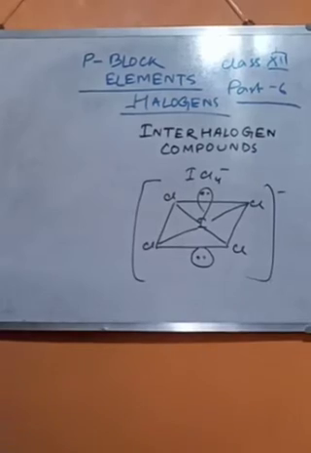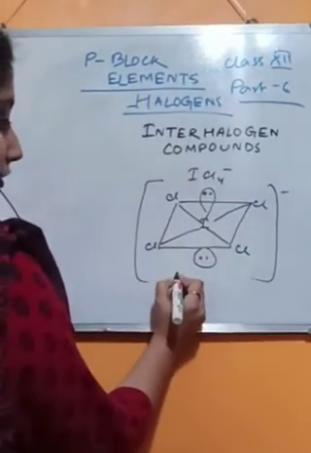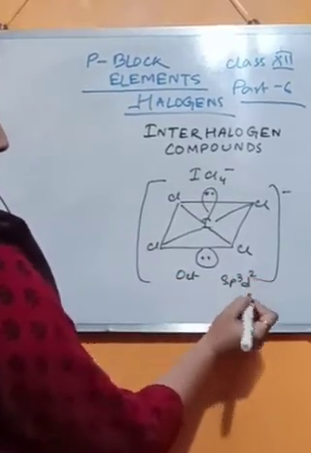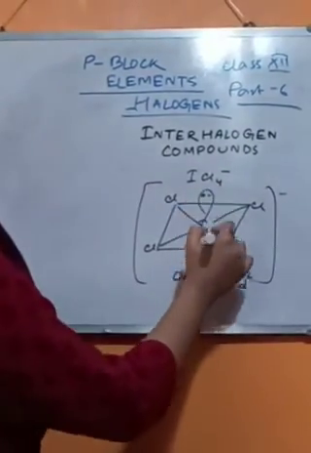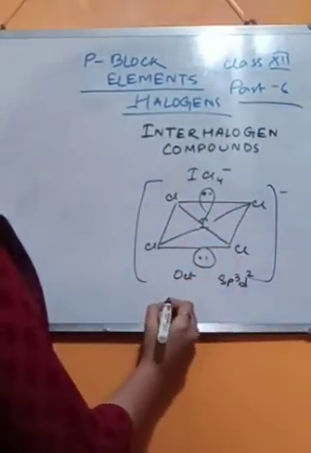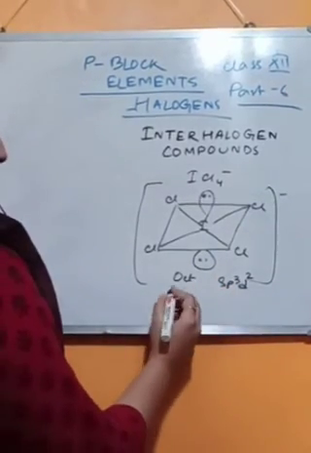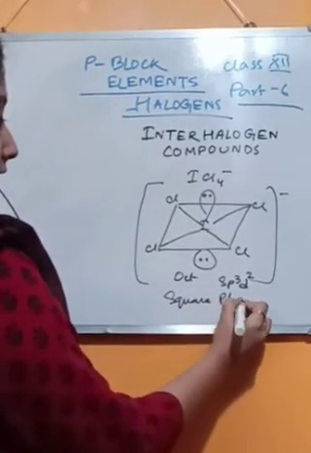See, in ICl4 minus, you can see that the ideal structure will be octahedral with sp3d2 hybridization. But due to the presence of 2 lone pairs in the 2 axial positions, the actual structure differs from the ideal structure, and the actual structure is square planar.